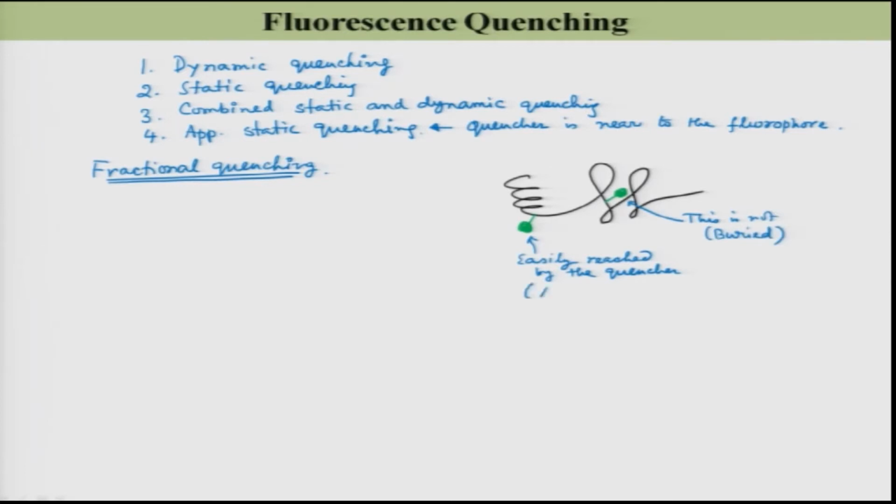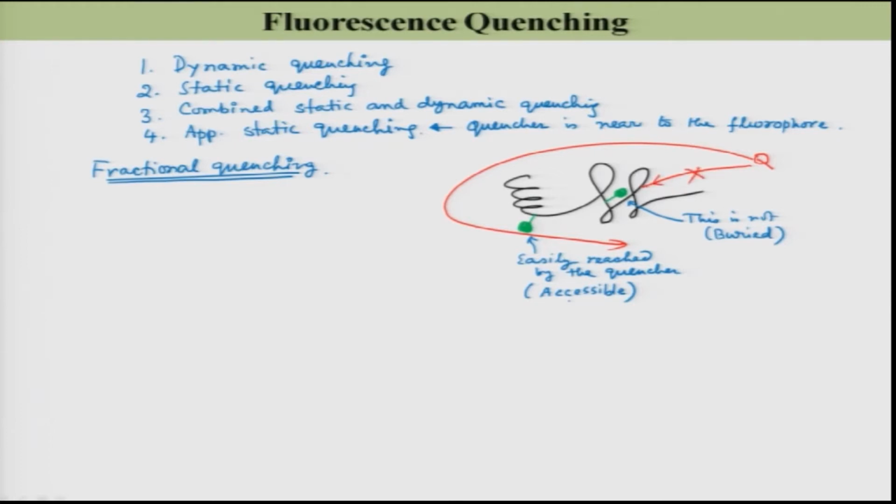So, this is accessible and this is not accessible. Now if I add quencher, the quencher will come and interact with this fluorophore, but the quencher cannot come and interact with this fluorophore.